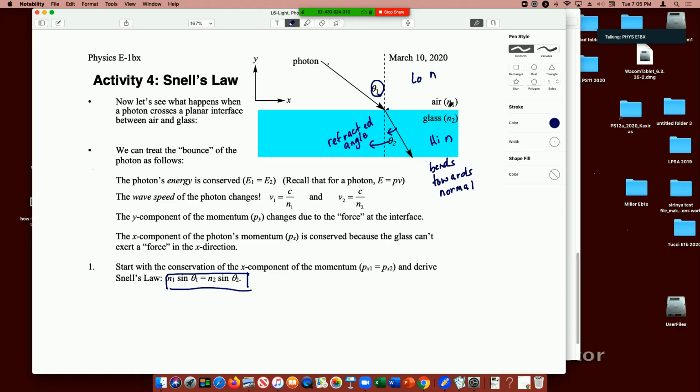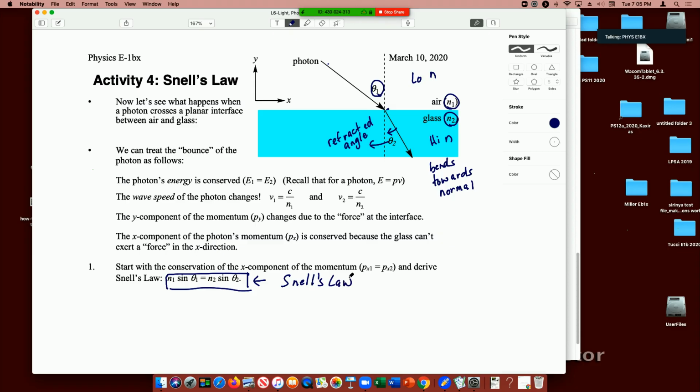So this is N1. The photon is starting out in air, and it's going into an index of N2. So that relationship is this. If you take N1, the index that the photon starts out in, and multiply it by sine of the incident angle, it equals N2 times sine of the refracted angle. Okay, and this is referred to as Snell's law.